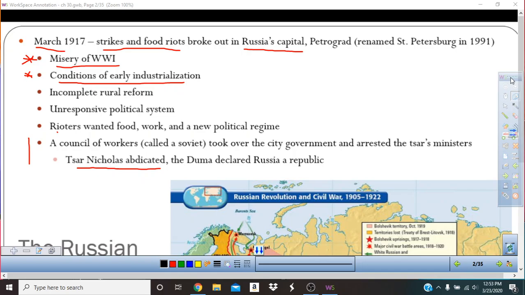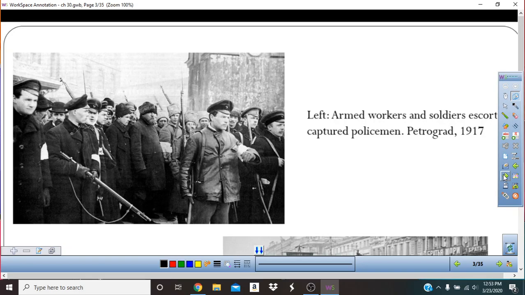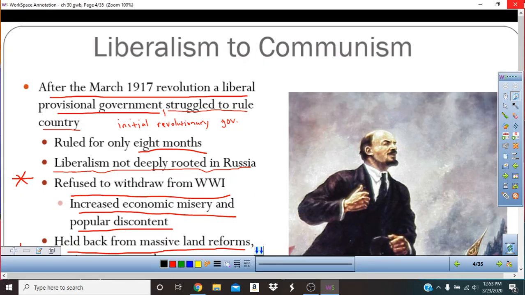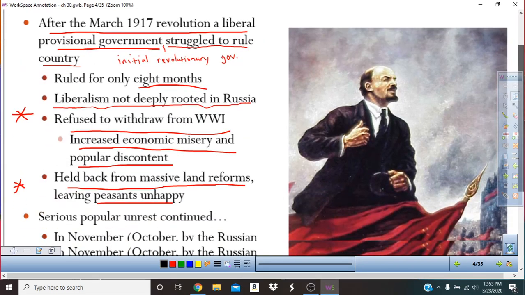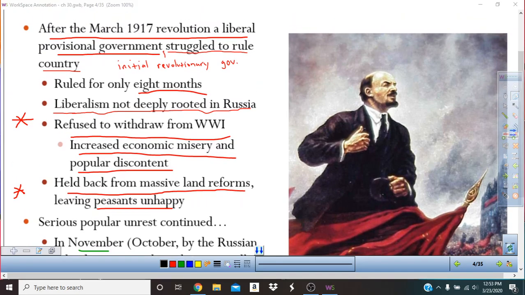Ultimately, this revolution led to the abdication of Tsar Nicholas, meaning that he gave up his throne in March of 1917. So a new government is going to come in, a provisional government, a temporary government, I guess you could say. And the problem with this provisional government is that it refused to withdraw from World War I. You would think that, okay, you had this revolution, this change in government, we're going to see some changes.